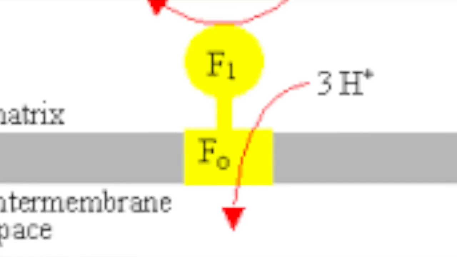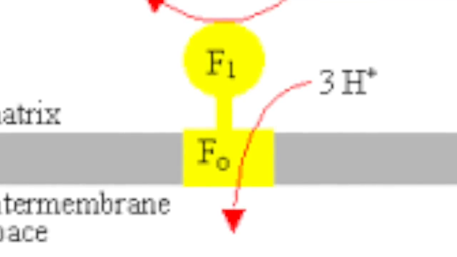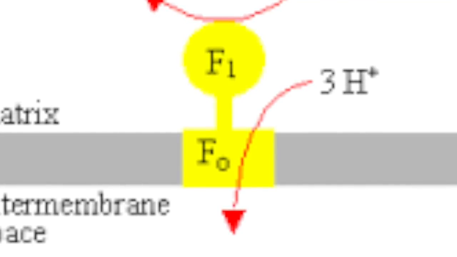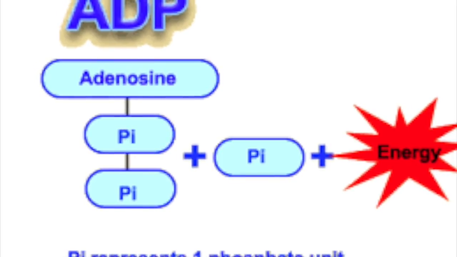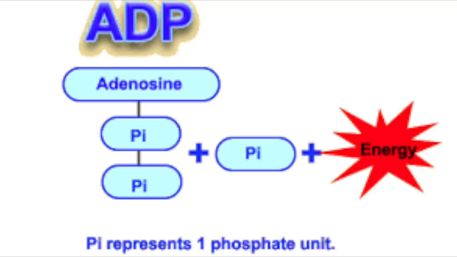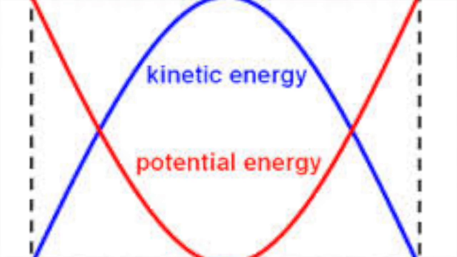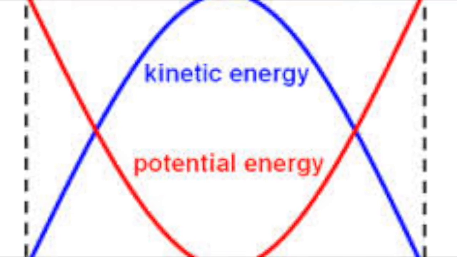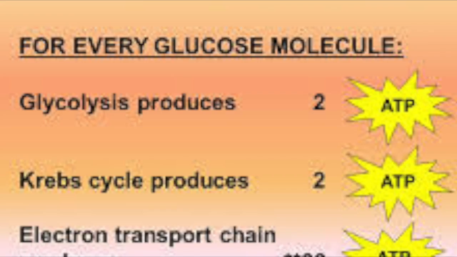The F1 subunit rotates as well due to F0's rotation. This rotation allows ATP to be created from ADP and an inorganic phosphate molecule. Potential energy has been converted to mechanical rotational energy, which is a kinetic energy, into chemical energy for ATP.